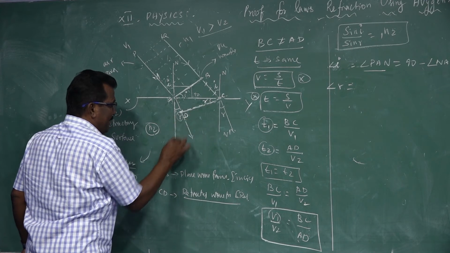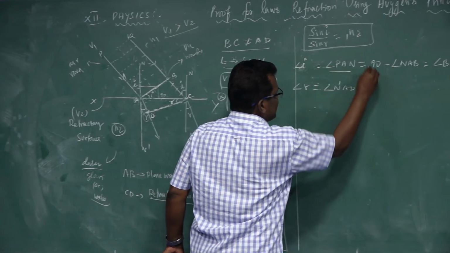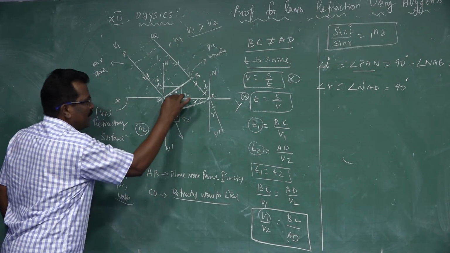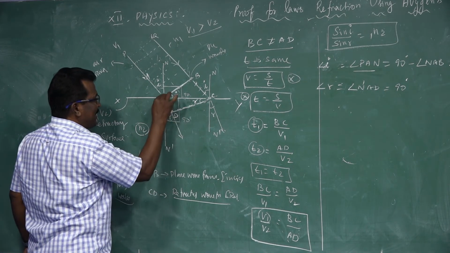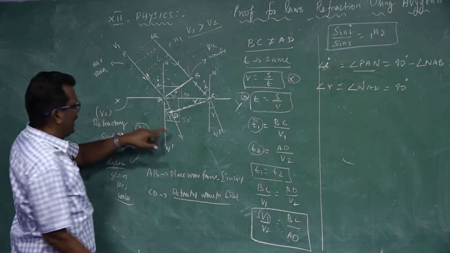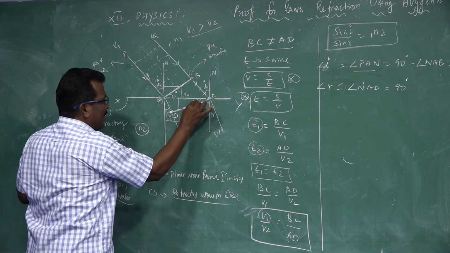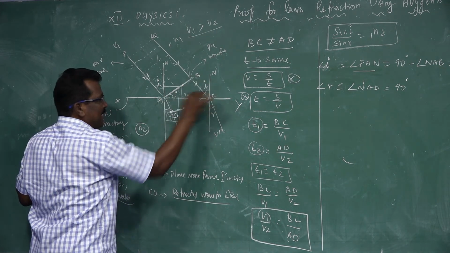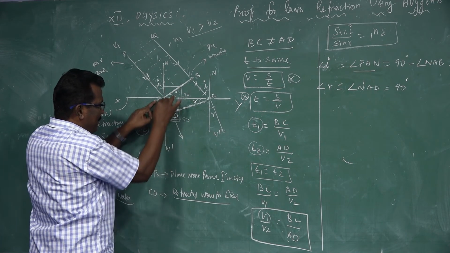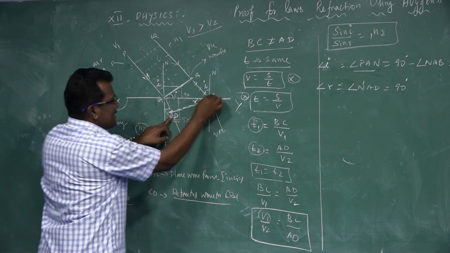This r is N'AD, which is equal to 90 minus the angle between the surface and the normal. This angle is 90, so N'AD is 90 minus DAC.